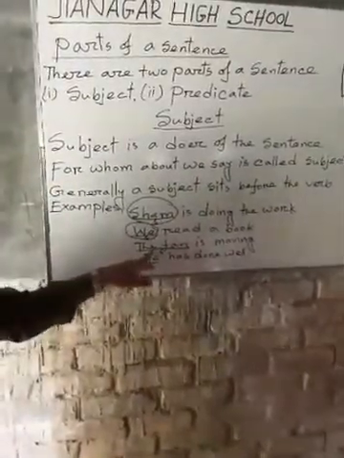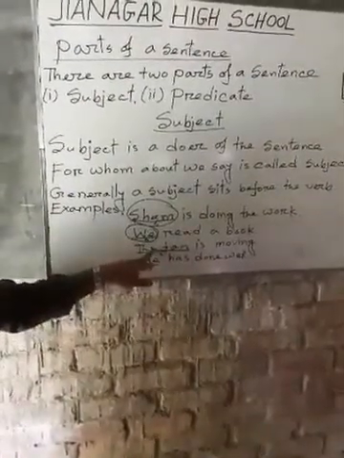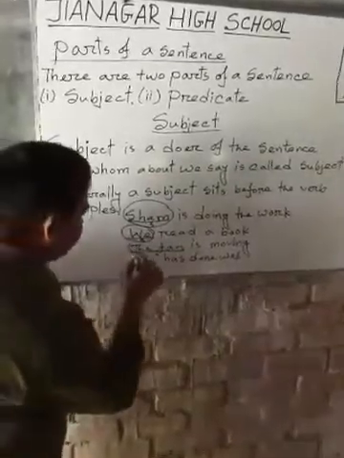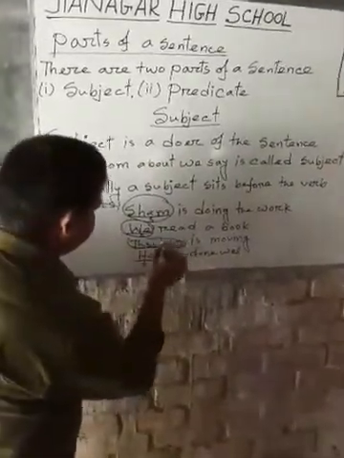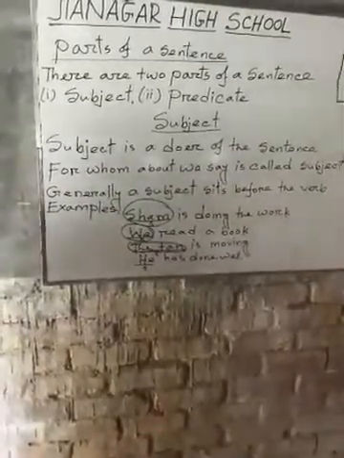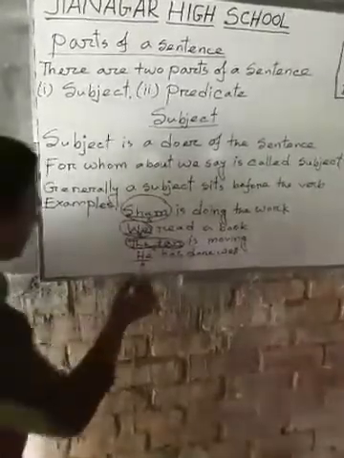Sometimes we can ask a verb by what? The fan is moving. What is moving? The fan is moving. So the fan is subject here. Okay? In last sentence, he has done well. Who has done well? He has done well.